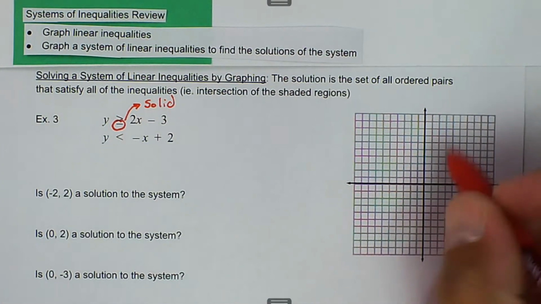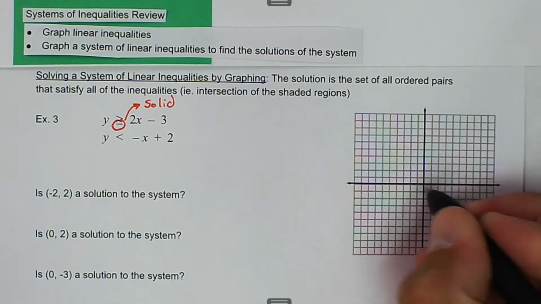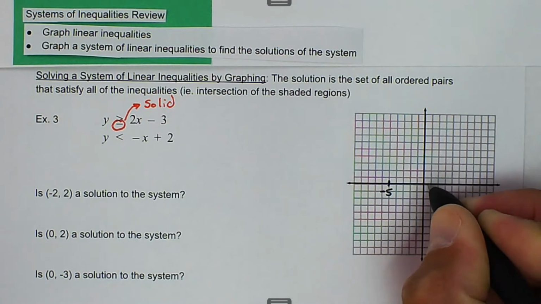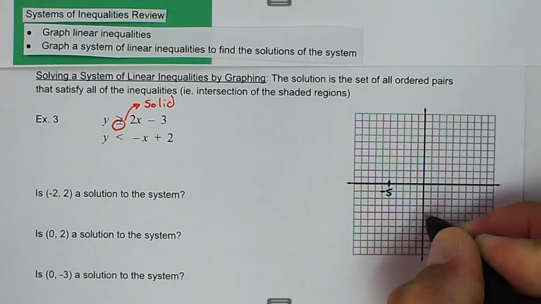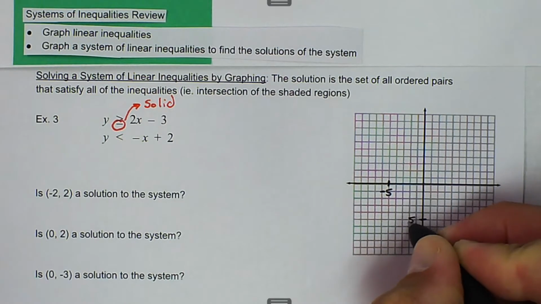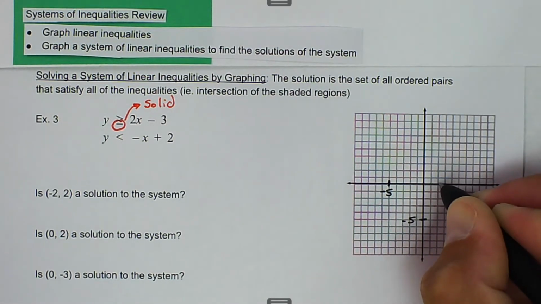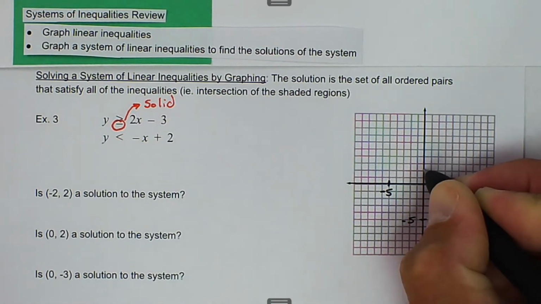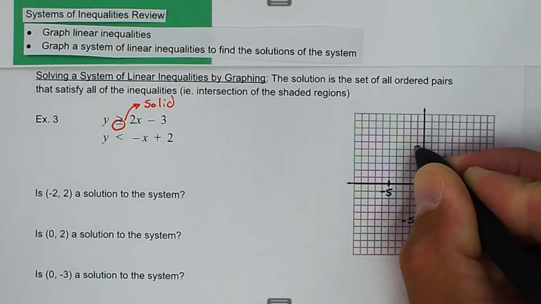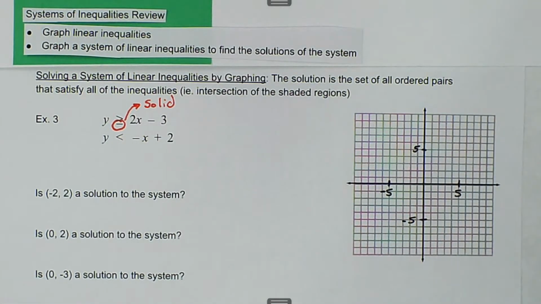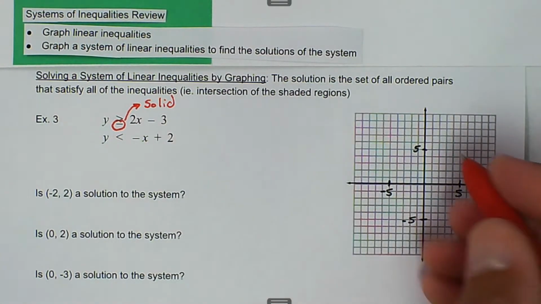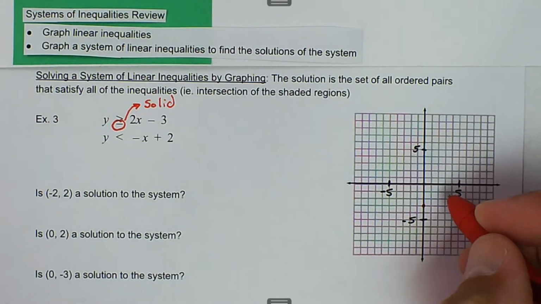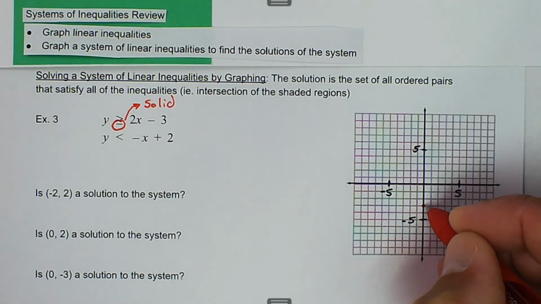So we'll have to put our grid on here. 1, 2, 3, 4, 5, -5, 1, 2, 3, 4, 5. And then we start at -3, and our slope is up 2 over 1.